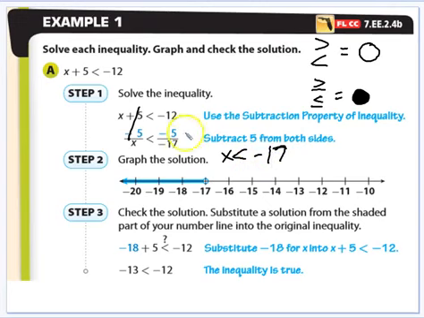So class, my point that I'm going to graph on the number line is negative 17. So I put a big open circle, since it's less than, and we look at our little key right here. We put an open circle on negative 17.